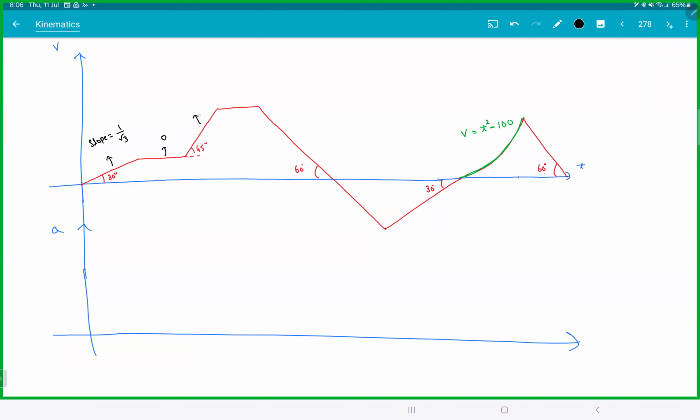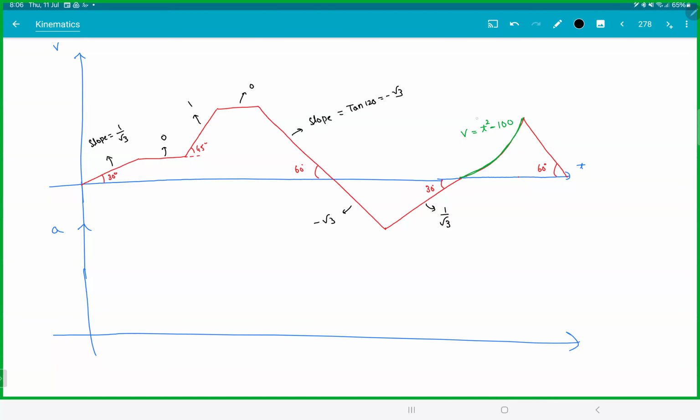Slope is 0, slope is 1, slope is 0. Here slope is tan 120. You should always take it with the positive x-axis. So minus root 3. This one is also minus root 3. This one is plus 30, so 1 by root 3.